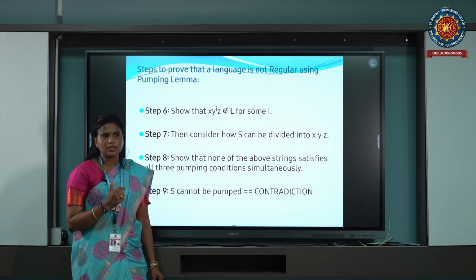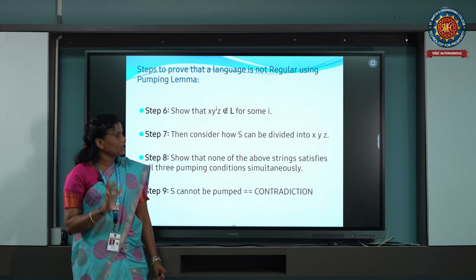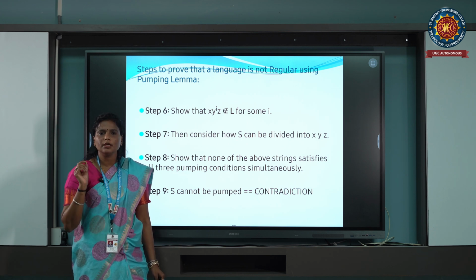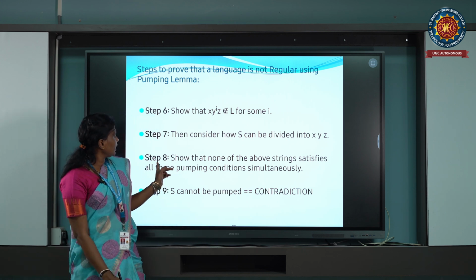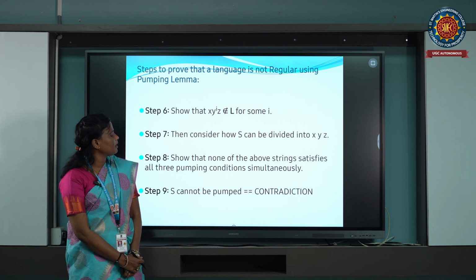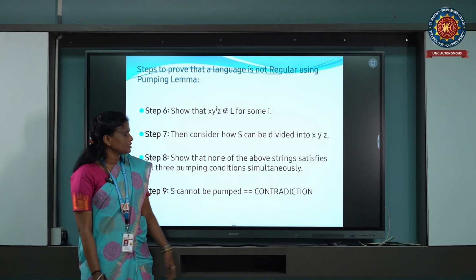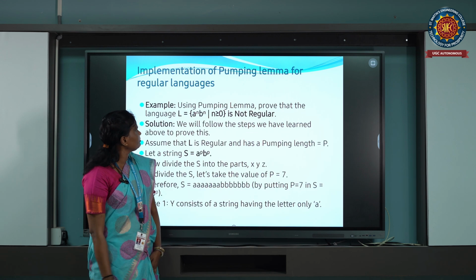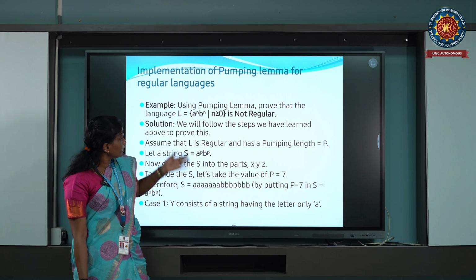In the second case, Y should be only symbol B, and in the third case, Y should contain both A and B. So in step 8, none of the above strings satisfy the three pumping lemma conditions simultaneously. Next, S cannot be pumped. Then we will discuss the pumping lemma with an example.